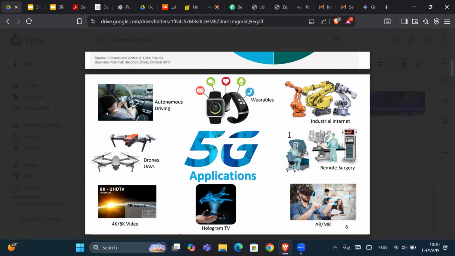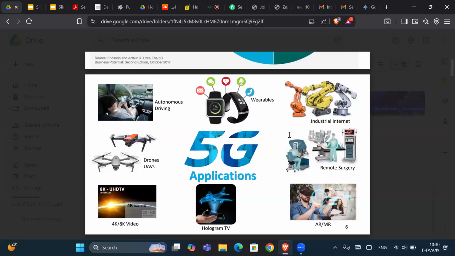What are the new applications or new smart devices that are making use of the 5G connectivity and benefiting from it? We have something called autonomous self-driving cars, like the car connected to a low latency, high-speed 5G network, and the commands are sent through the 5G network to avoid delay.